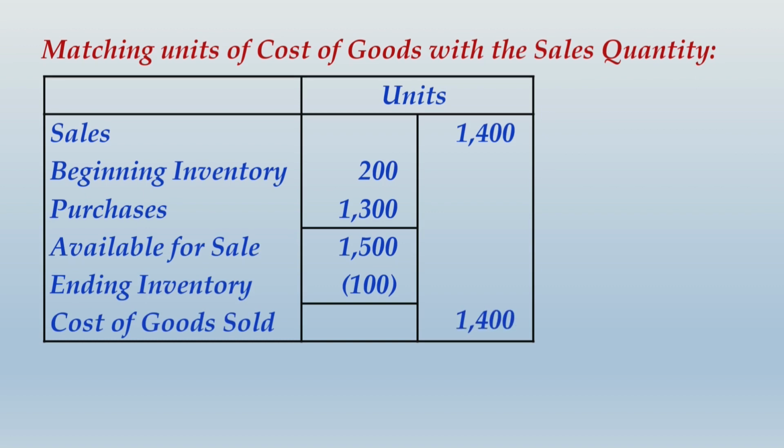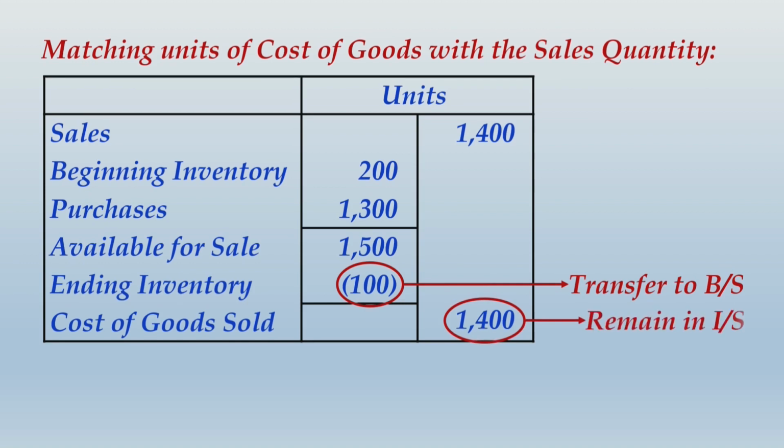So now if you observe, the ending inventory is your asset which will be stated in the balance sheet. So you transfer these 100 units to the balance sheet and it will be reflected as an asset in the balance sheet, and these 1,400 units which are sold will remain in the income statement and will be considered as cost. Now look at one thing, the 1,400 units which you have sold, their cost would match with the 1,400 units of revenue that you have earned from sales.